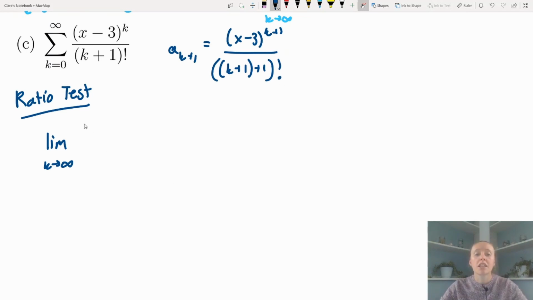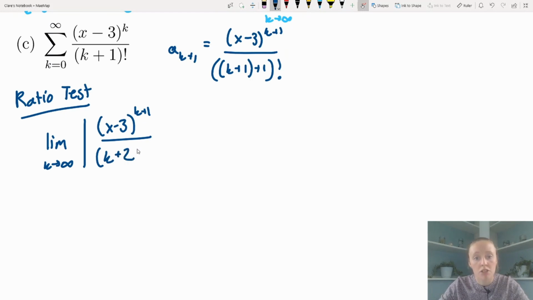So now I'm going to take the limit of the absolute value of a sub k plus 1 over a sub k. But just to make this easier, as opposed to dividing by a fraction, I'm going to multiply by its reciprocal. So a sub k plus 1 is going to be x minus 3 to the k plus 1 all over k plus, and I'll go ahead and simplify down.